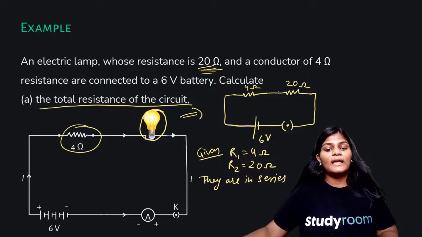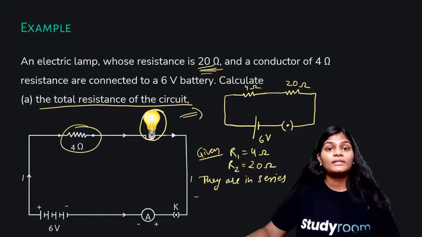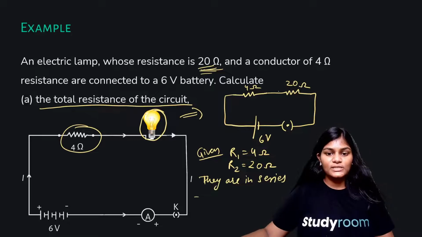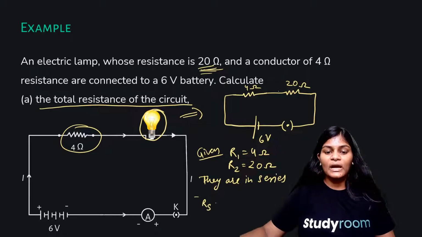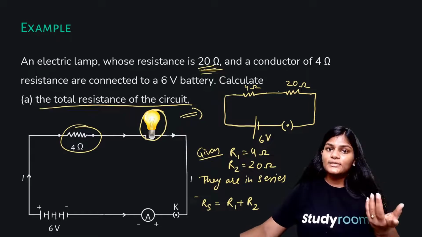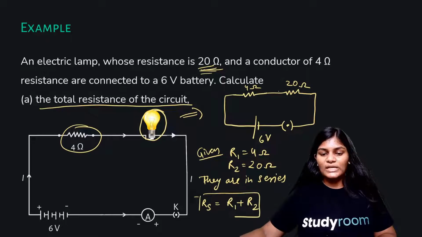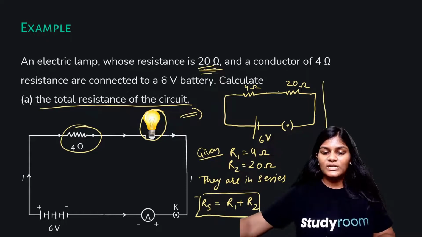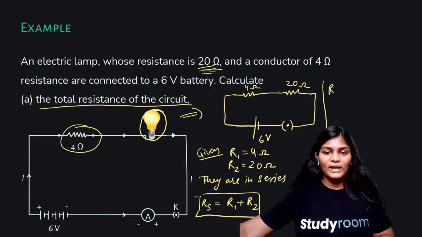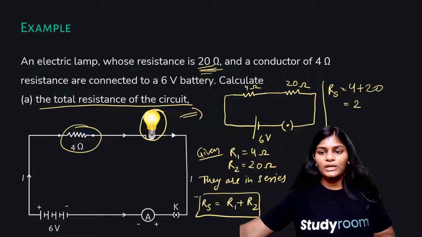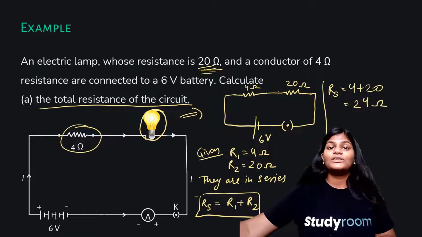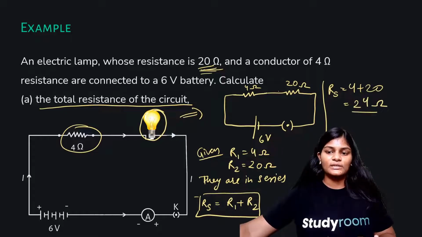Then you write that we know the equivalent resistance of resistors connected in series is given by RS is equal to R1 plus R2. If there were 3 resistors, there would be plus R3 also. So using this formula, the two resistances are 4 and 20. So RS is equal to 4 plus 20 is equal to 24 ohm. This is the equivalent resistance in the circuit.